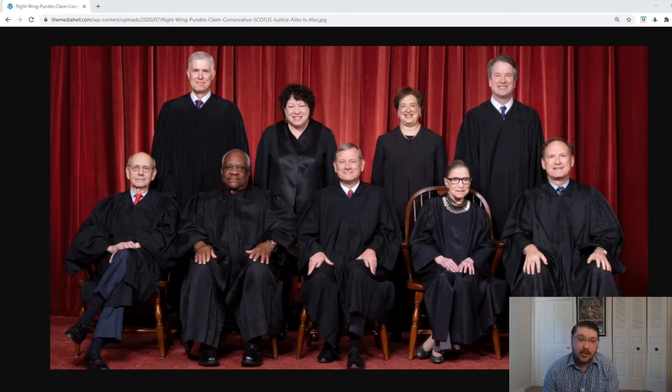Now, people talk about originalism versus activism, and those are very broad terms, and they are very vague, if we're honest.